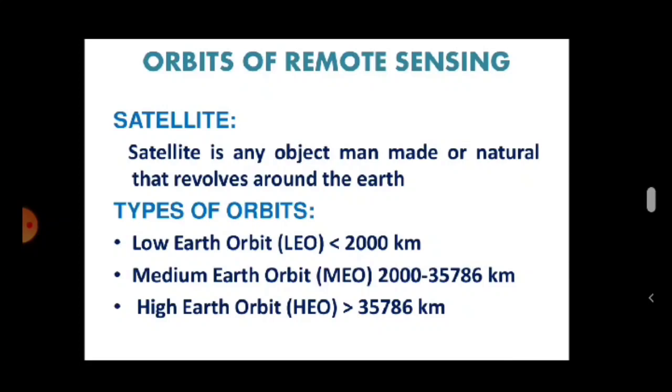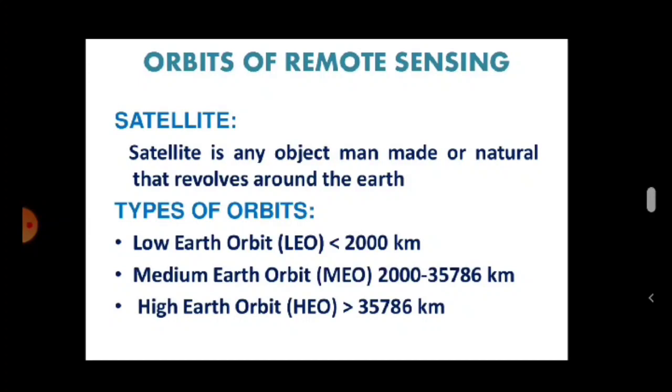The Moon is a natural satellite, whereas man-made satellites include these platforms we're going to discuss, which are used for applications in remote sensing, such as telemetry, communications, navigation, etc.